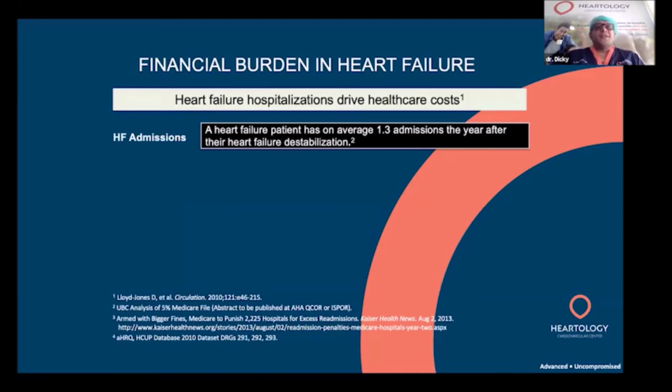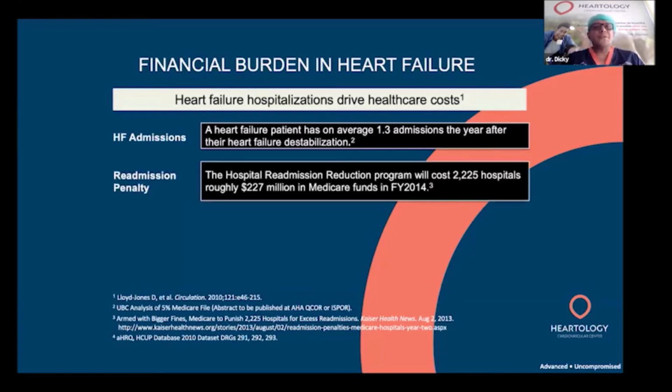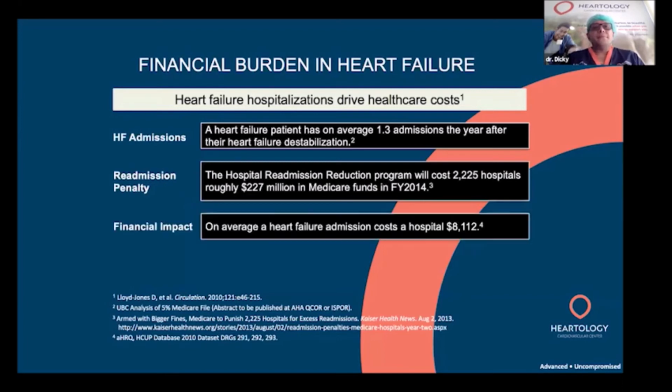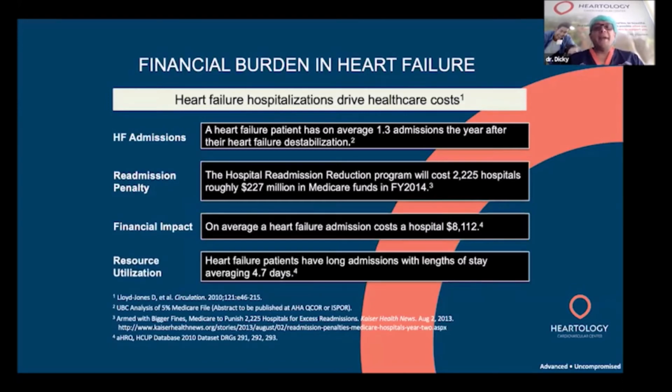Of course, the financial burden of heart failure is also quite high, especially as repeated hospitalization drives the healthcare costs. And this impacts on the healthcare system. And the average length of stay is up to 5 days in most patients with heart failure.